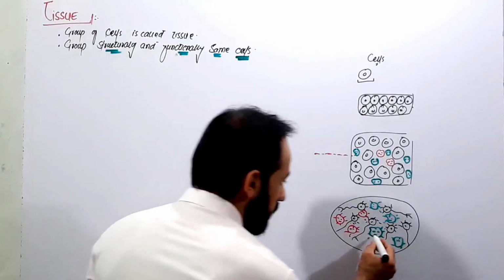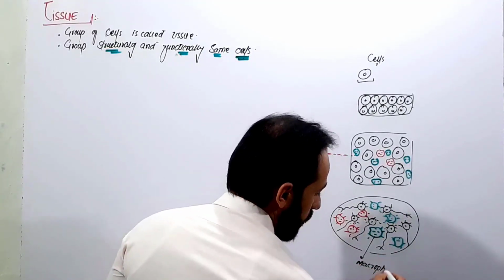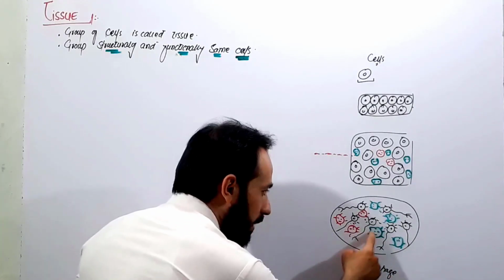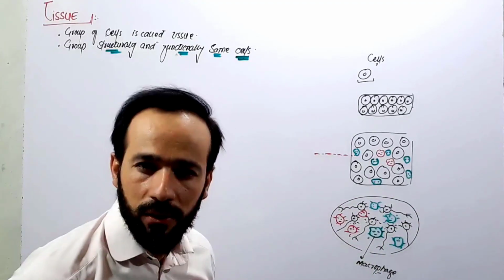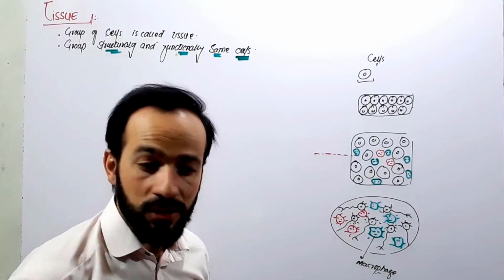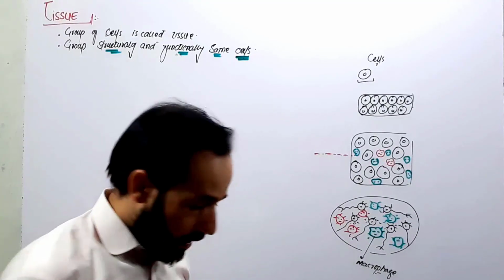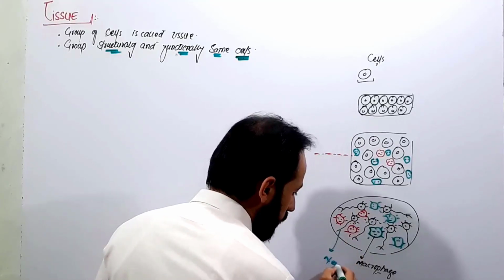So if we consider this one is a macrophage, for example, we should clear every term with examples. This is a macrophage here in this tissue. What is the function of macrophage? The macrophage endocytoses all the dangerous substances, we know. And what is the function of this nerve cell, neuron?